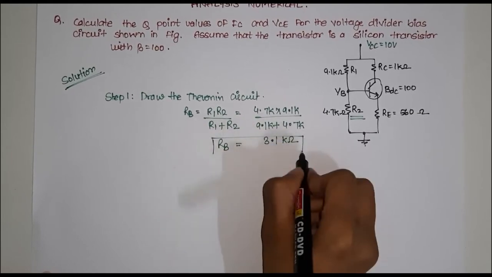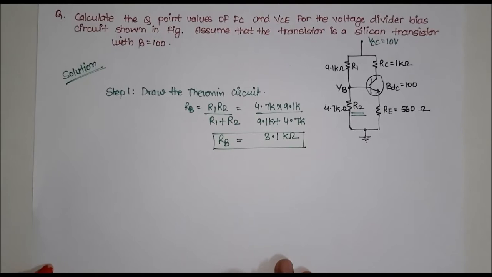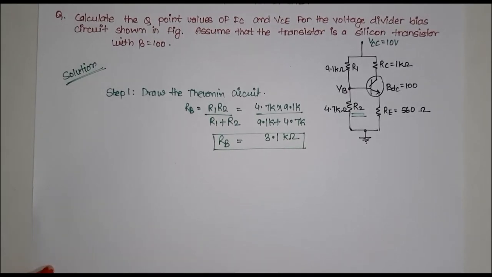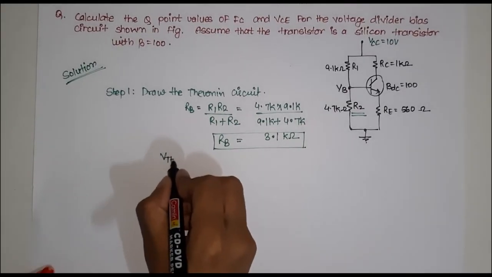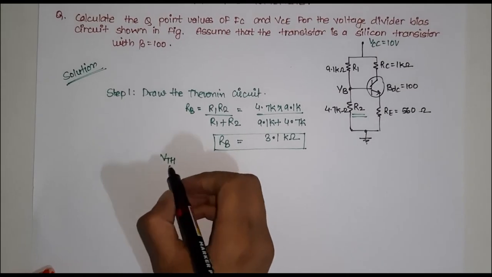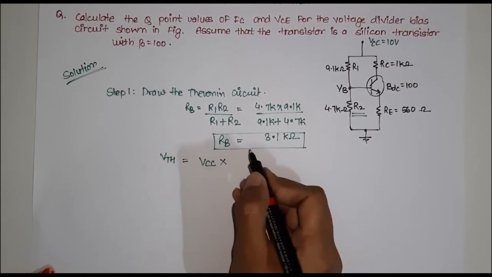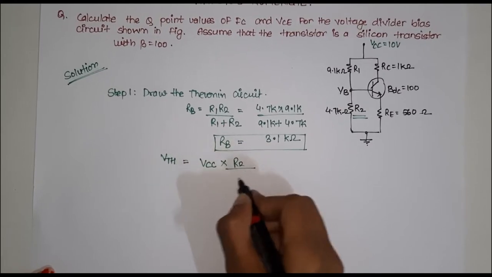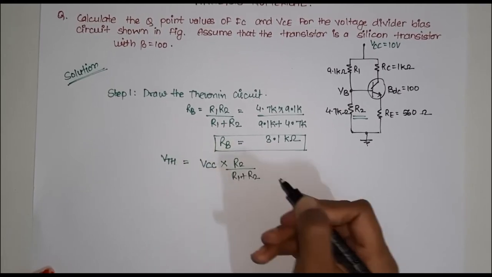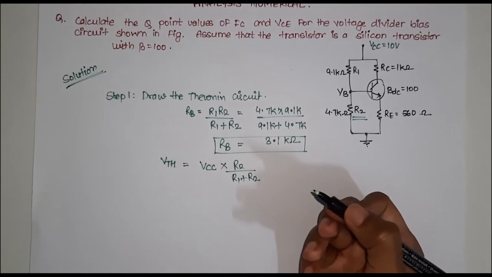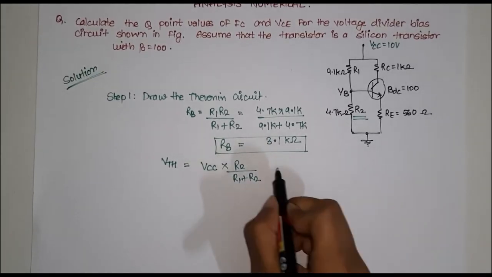Okay. So now once we have calculated the value of RB, यानी कि RB के value के मिलने के बाद it is possible to calculate the value of VTH. So the value of VTH is equals to VCC, that is input supply, into R2 upon R1 plus R2. Okay. This we have already studied in Thevenin circuit diagram.